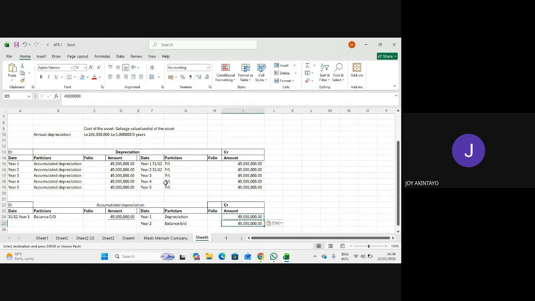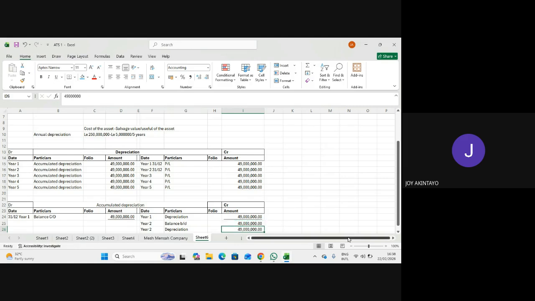So year 2, the charge for the year from this place. So we have depreciation. How much? The same value. Are we together?